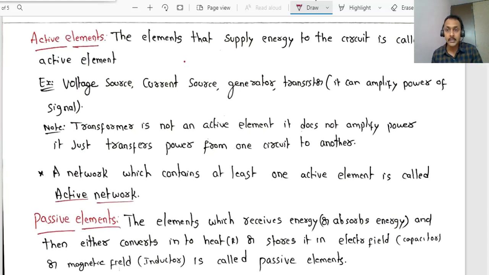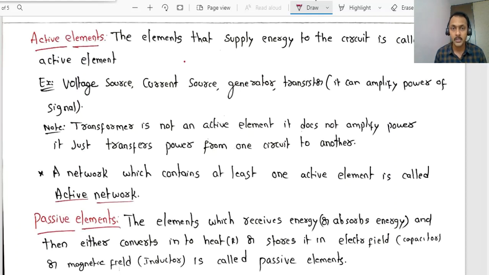If you observe a transistor, it will amplify the power of the signal. And dear students, observe that a transformer is not an active element because it will not amplify the power. Of course, it will step up or step down the voltage depending upon the voltage levels you have given. 11 kV can be made 33 kV, or 33 kV can be made 11 kV, something like that. It will either step up or step down the voltages, but its overall power must be constant.